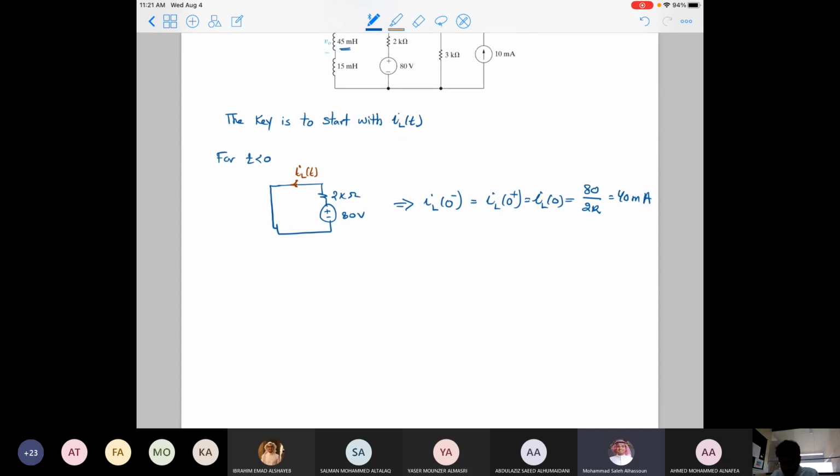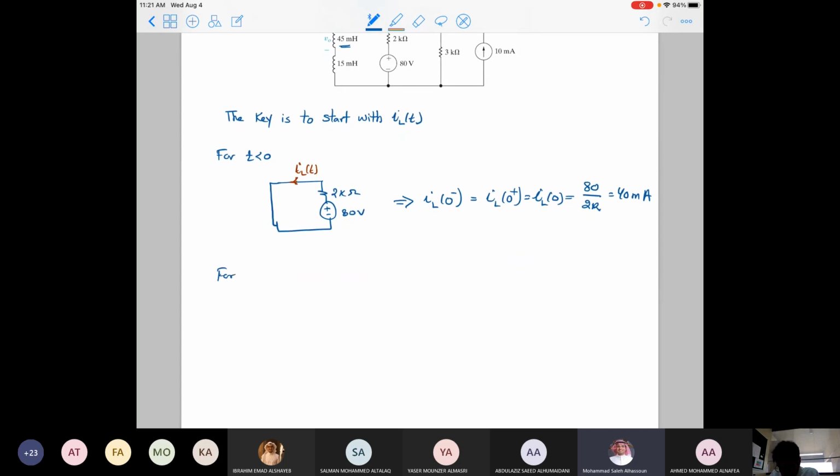For t greater than 0, we have the following circuit. We have the series combination of the inductors, so 45 plus 15, it's going to be 60 millihenry.